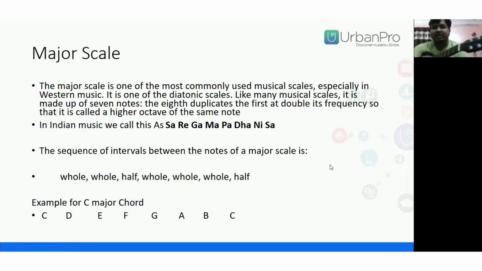For example, if you are at the first fret here and you go to the immediate next note, this is the half step. And if you skip the next note and go to the note after it, that means you are jumping one step further. From this F, you are directly going to G, skipping F sharp. When you are skipping one note and going to the next note, you are taking the whole step. And when you are going to just the immediate next note, that is the half step.